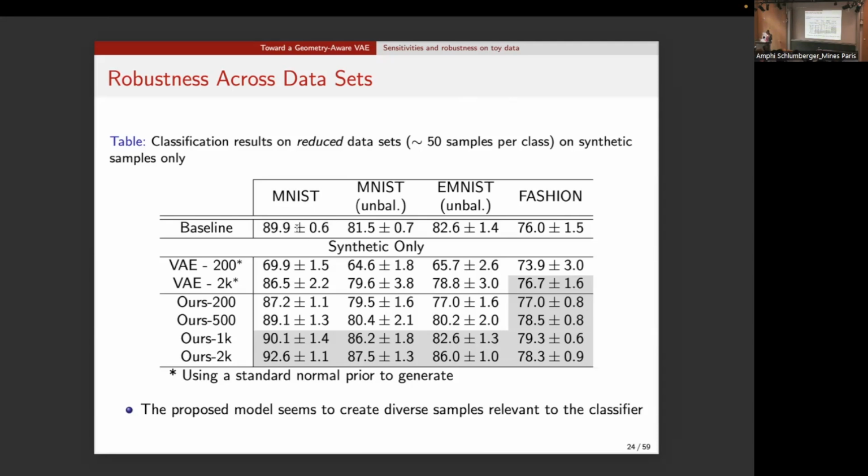So this is the baseline, so with the real data. And here, we just produce 200 up to 2000 images, and use these fake images to train the classifier. What you can see is actually that with the real data, you have a good percentage.